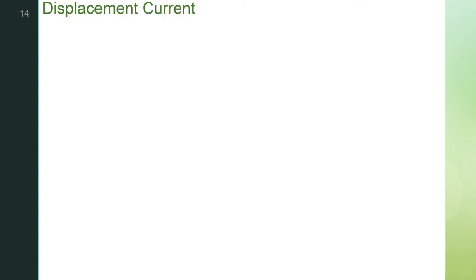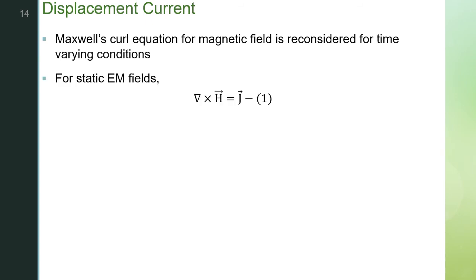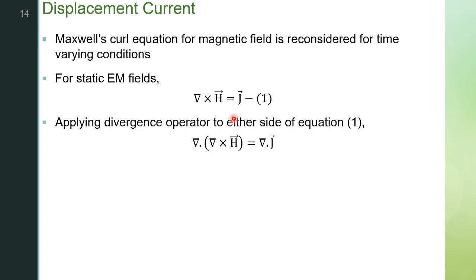The next concept which we need to discuss is displacement current. To discuss displacement current, we will consider the Maxwell's equation for curl of the magnetic field, given by del cross H equal to J, which was Ampere's law. Now we are applying the divergence operator on either side of the equation.